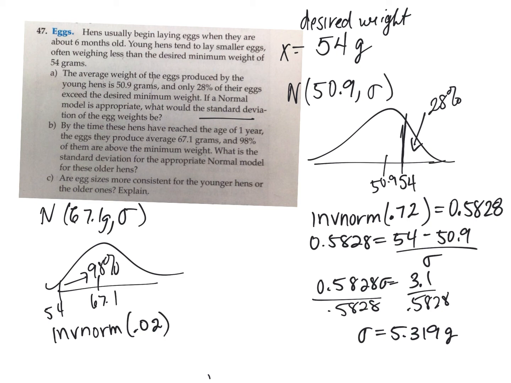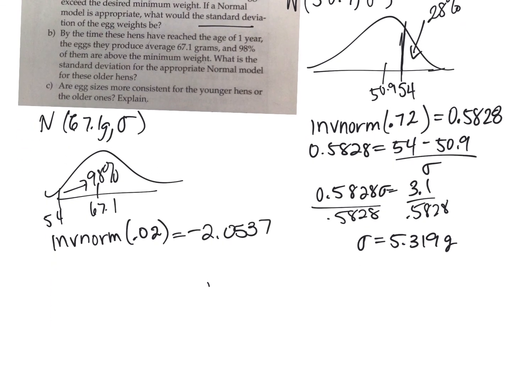Don't forget the 0 too, right? If you put in 0.2, you're getting 20%. So this is negative 2.0537 equals 54, that's the desired minimum weight, minus 67.1 over sigma.